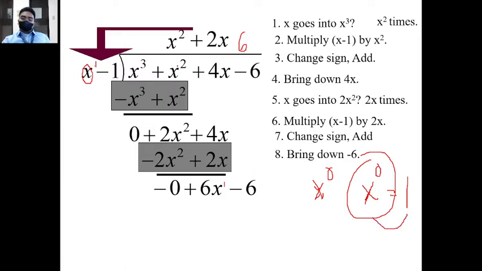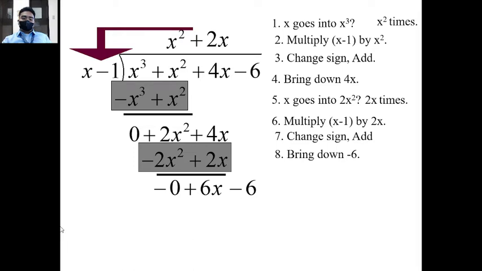So 1 times 6, obviously it is just 6. Okay? So please remember that one. Alright. Right after that, we will have only 6. Positive. Why is it positive? Because this is both positive. Okay? Please remember that one.